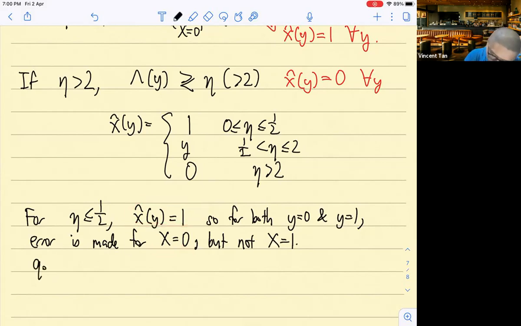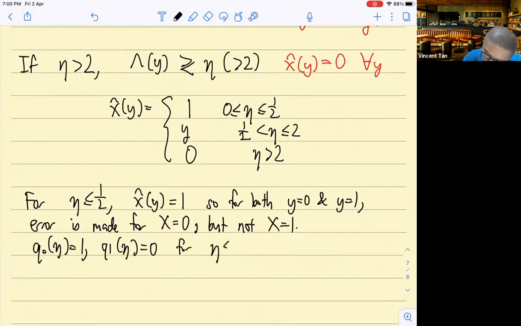So Q0 of eta in this case is 1, and Q1 of eta is equal to 0, for eta less than or equal to half.